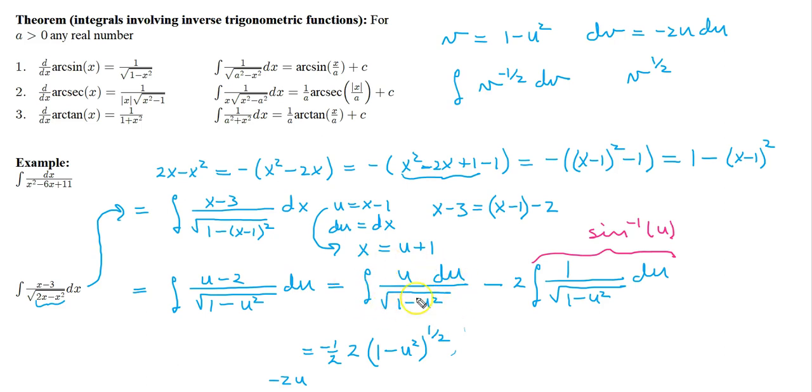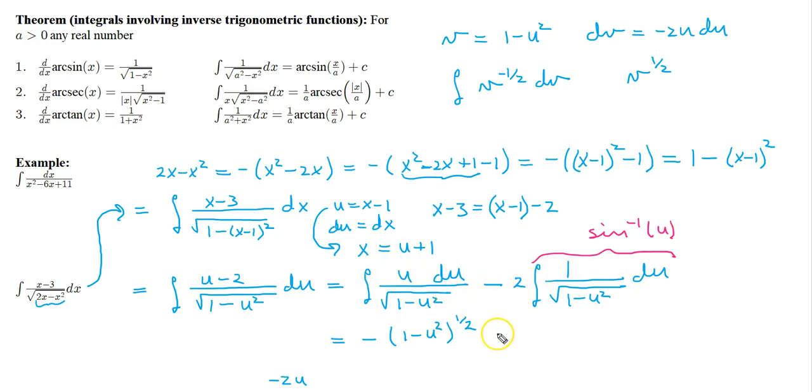So then this piece right here we see becomes, if we cancel these 2's, negative 1 minus u squared to the 1/2 power. So let me just clean that up a little bit and write this as... and there we go. This is the antiderivative for this integral right here.